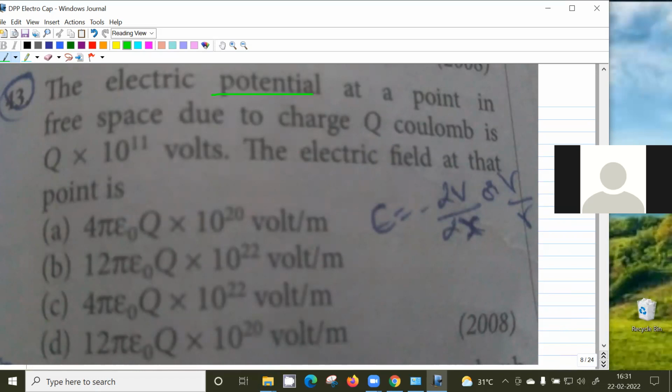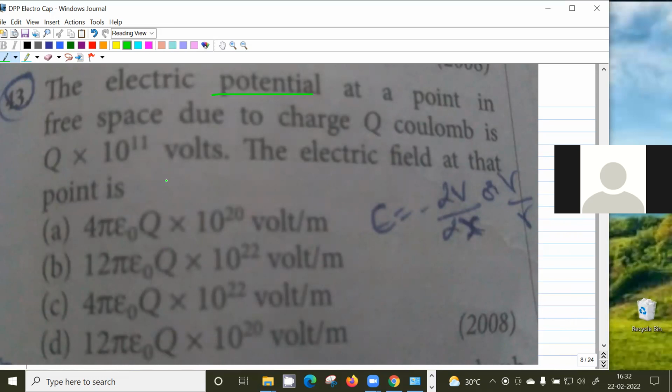V by R. Actually it depends on the gradient of potential, but he has given only the potential. This question is also not complete.